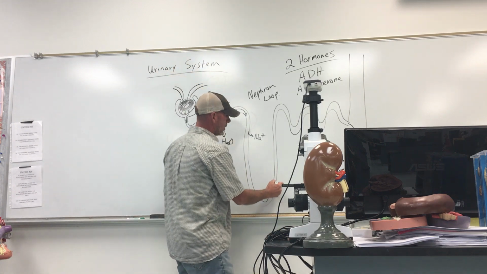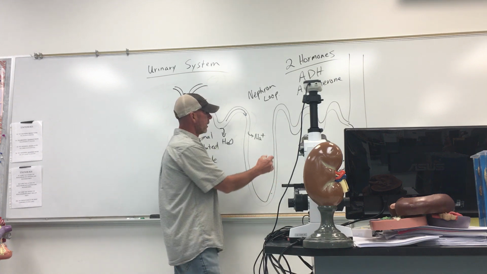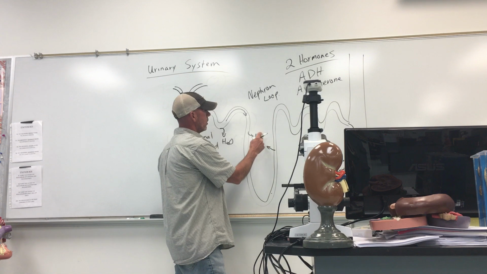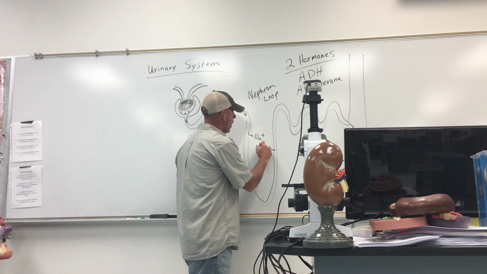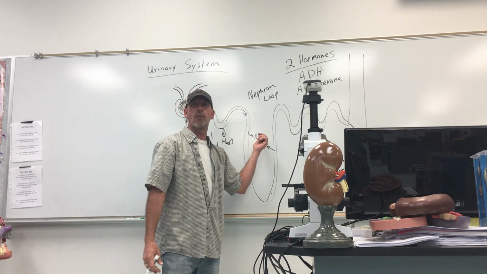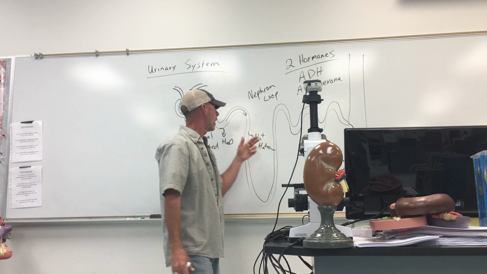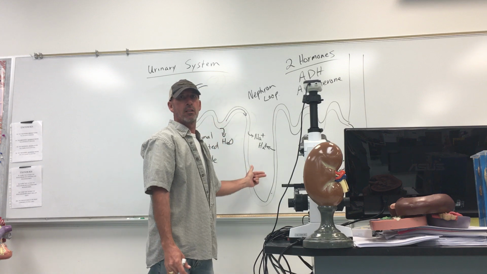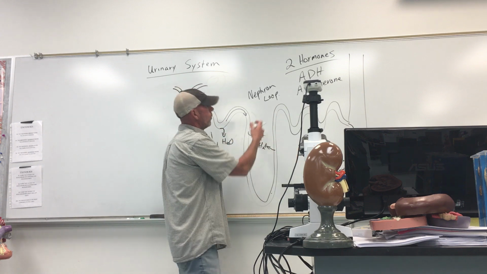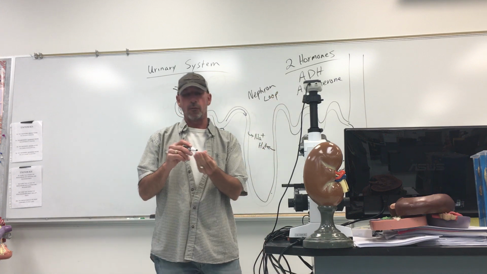So when the filtrate begins its journey upward to the ascending limb, there's going to be a natural diffusion for water to go out of the filtrate to an area of low concentration where we have a high concentration of salt. So to dilute that down, water is going to be pulled out. So sodium is going to be pulled out on the descending limb, which is a result of aldosterone's action, and then the water is going to naturally follow it out.